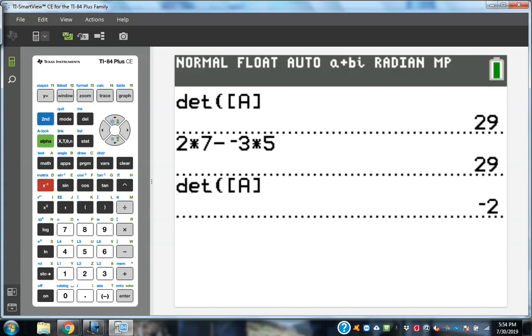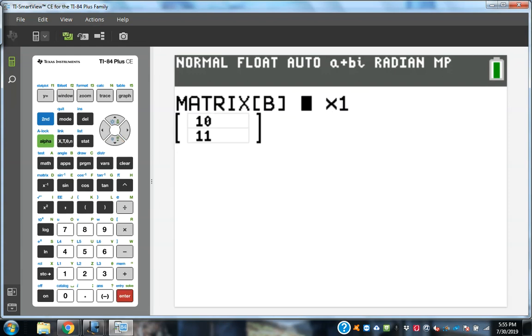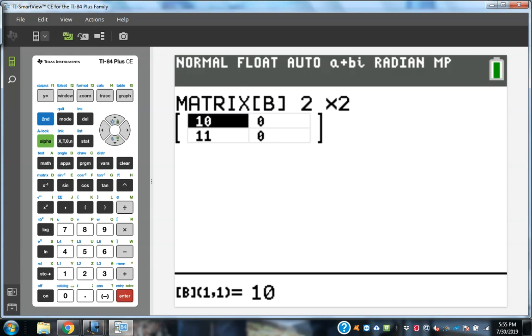And then I'm going to go to the matrix and edit, and I'm going to go into matrix B this time. So I press the down arrow, select matrix B. It's a 2 by 2. And I'm putting in the second matrix in it. So -4, 6, 8, -3.